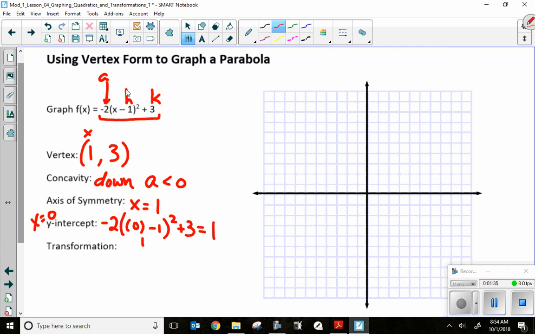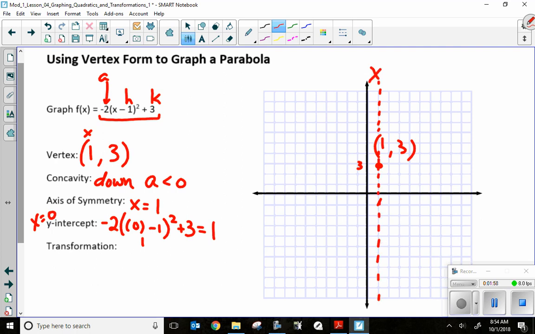So before I even talk about my transformations, let's plot what we have already. Our vertex is at 1, 3. I know it's opening down, and my axis of symmetry is right at x equals 1.